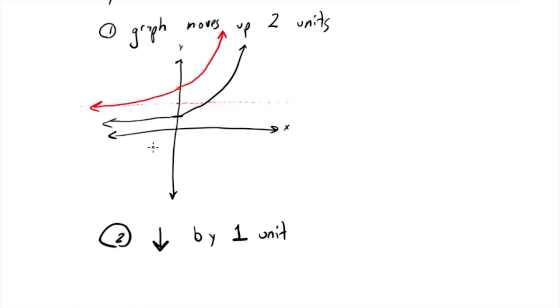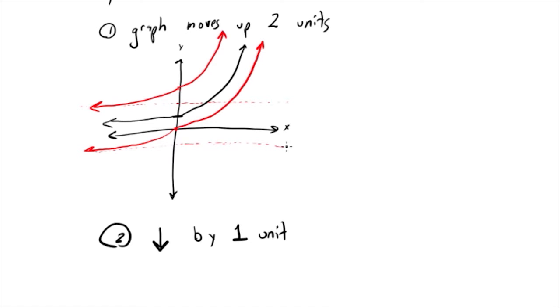So before, where it was crossing at y equals 1, it would be crossing at where y equals 0, and it would have the same behavior as y equals 2 to the x, continuing down in the negative x. And so the question would be, where would be the asymptote? Since we're moving down by 1 unit, the asymptote then would be where y equals -1.